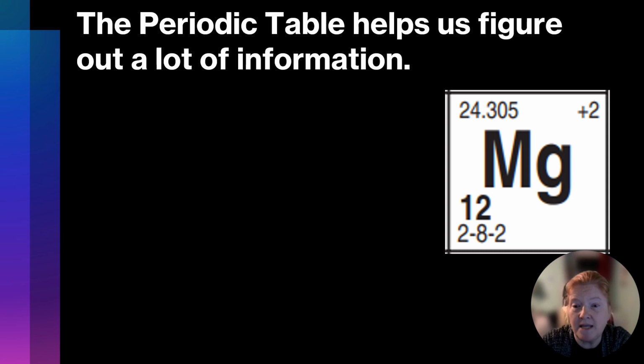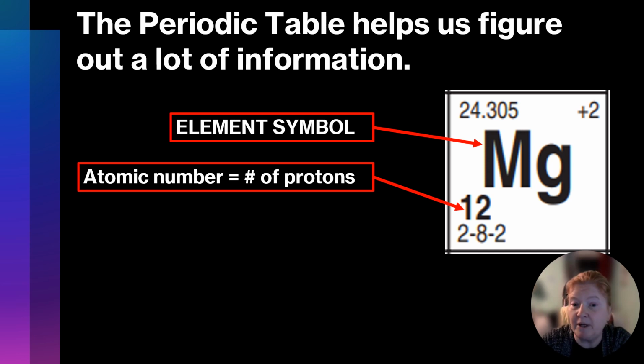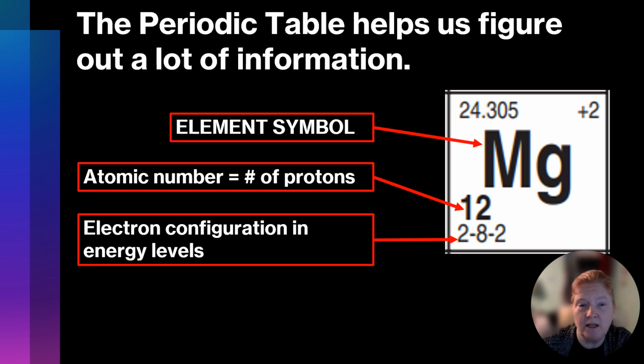All right, so the periodic table gives us a lot of information about elements. We have the symbol, we have the atomic number, which tells us the number of protons. We have the electron configuration, which tells us 2 electrons in the first energy level, 8 in the second, and 2 in the third.